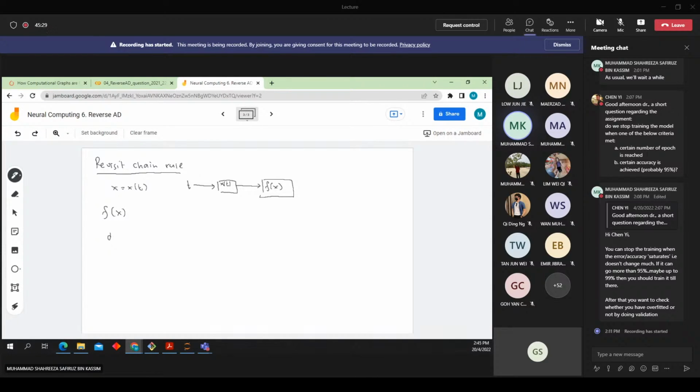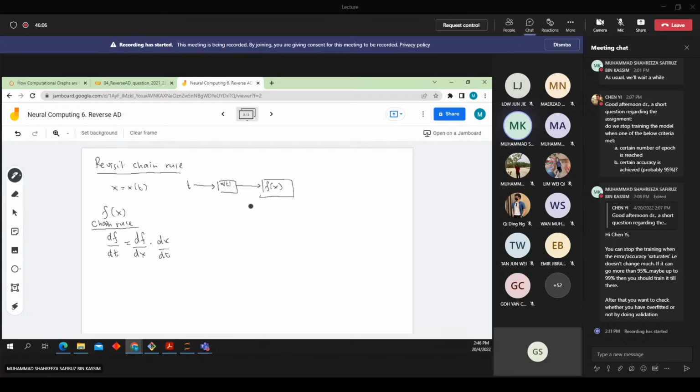You want to find the partial derivative of f with respect to t, not with respect to x. Then you do this by the chain rule, as if you're cancelling this term, but of course we are not doing that because these are not fractions. So this is the chain rule for one variable.